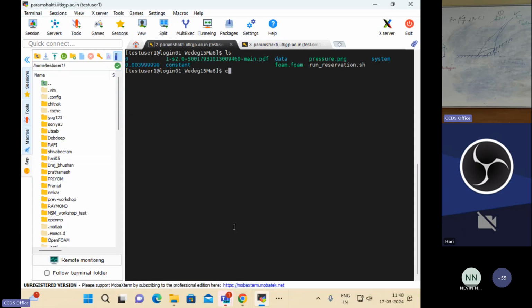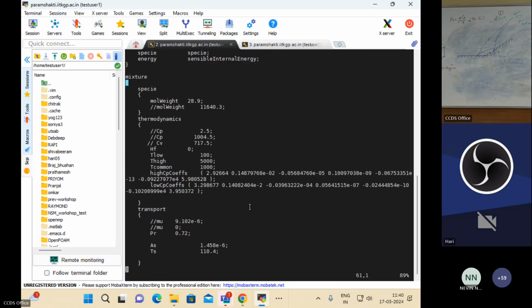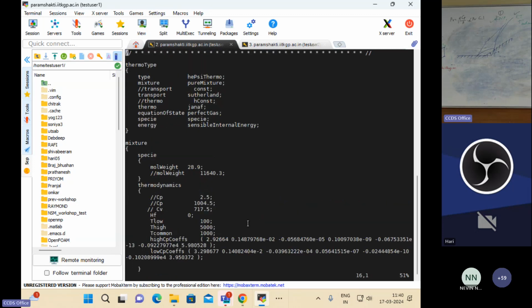So if you go to constant and open the thermophysical files, so in high temperature cases, CP and CV will be a function of temperature.